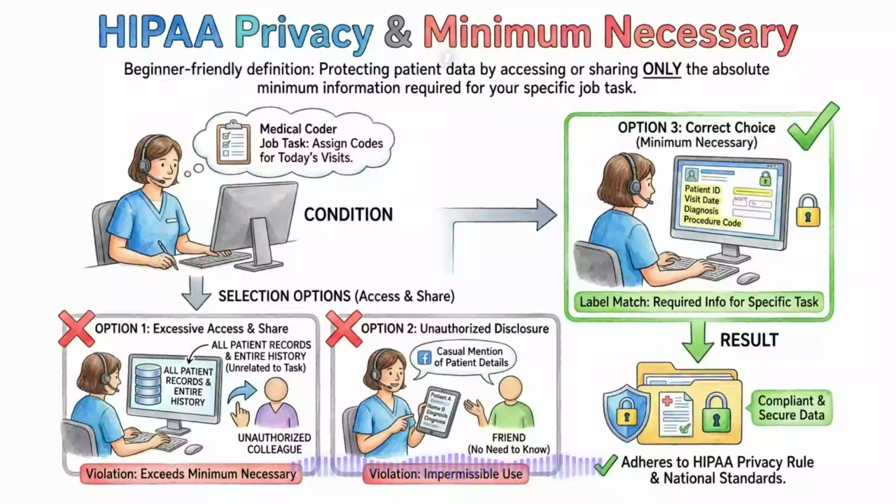Protecting patient privacy is another massive component of regulatory compliance. Governed by the Health Insurance Portability and Accountability Act, commonly known as HIPAA, the HIPAA Privacy Rule establishes national standards to protect individuals' medical records and other personal health information.